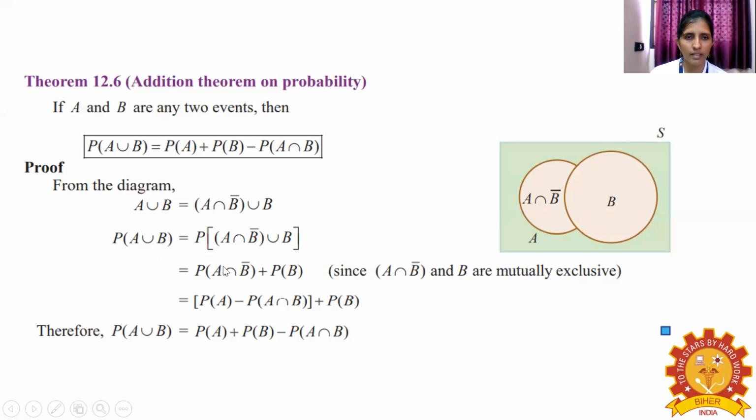From the previous theorem we substitute for A intersection B bar: P of A minus P of A intersection B, plus P of B. Therefore we have P of A union B is equal to P of A plus P of B minus P of A intersection B.